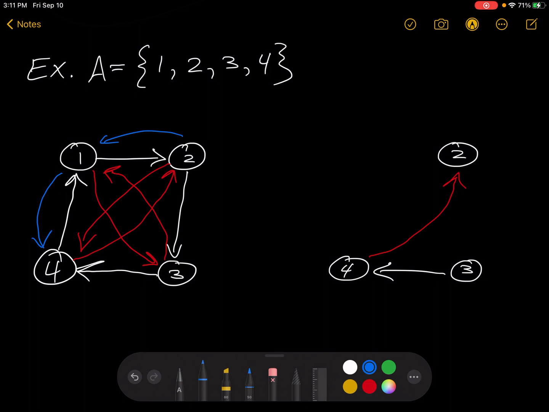Okay, and this one we have 3R4 and 4R2. That tells us we need 3R2. Let me draw that one a little better.